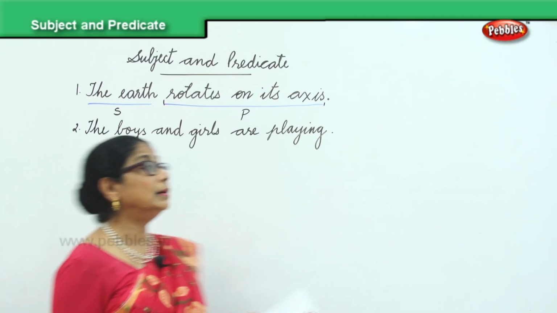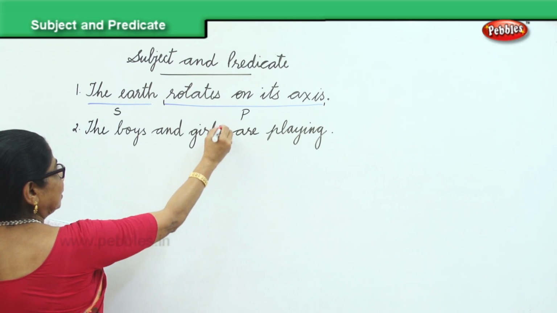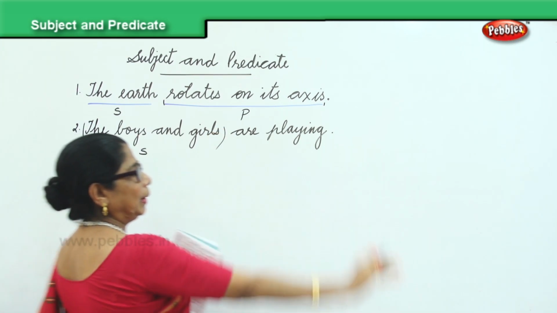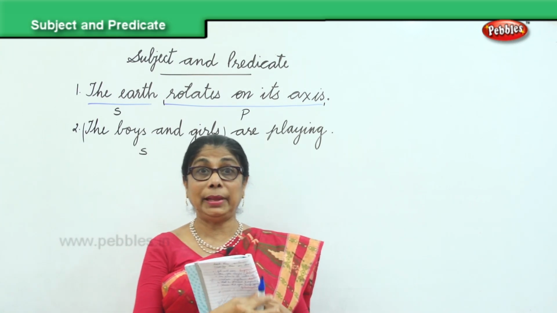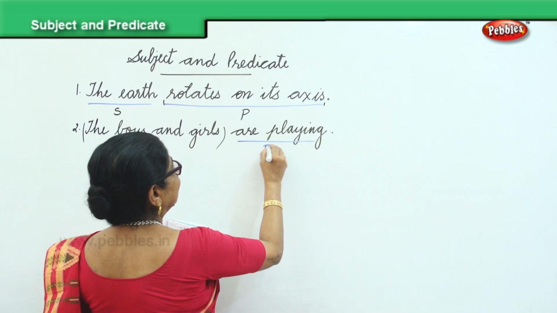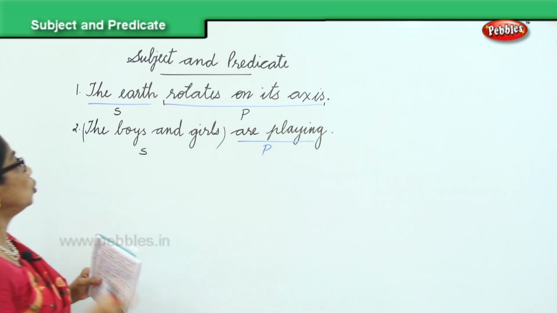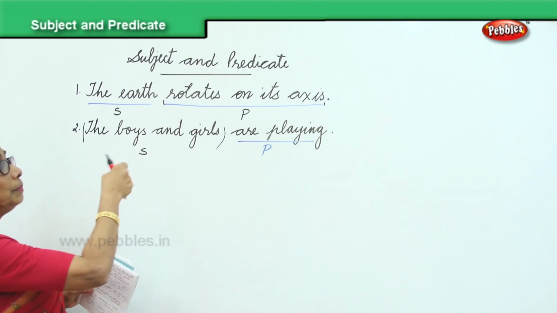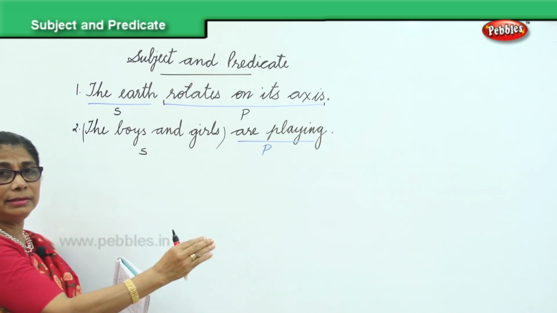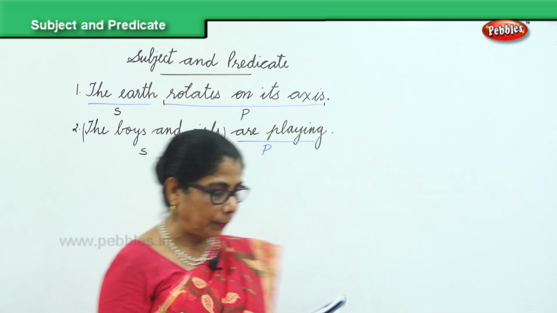So the boys and girls, that is the subject. And are playing is the predicate, the other half of the sentence. The first, the most important, you are talking about the earth. The earth is the subject, rotates on its axis is the predicate. Here the boys and girls, what are they doing? Playing. The boys and girls are the subject we are talking about.